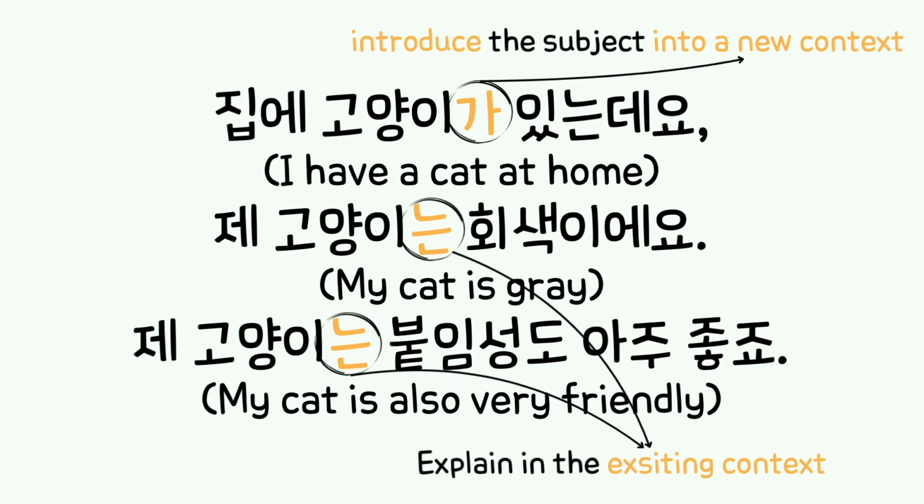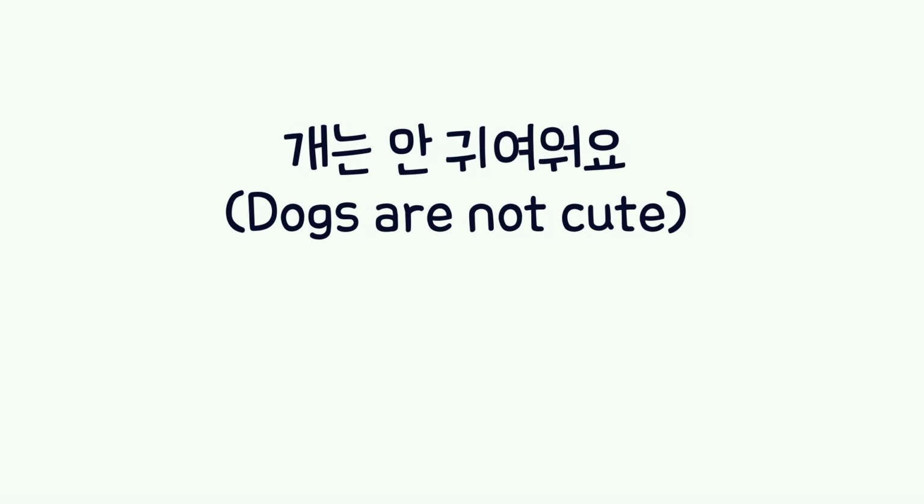Then you continue using 는 to describe the subject further in the existing context of the subject introduced by 가. Or 는 is used to contrast something in a contrasting context. You are talking to your friend saying 걔는 안 귀여워요.